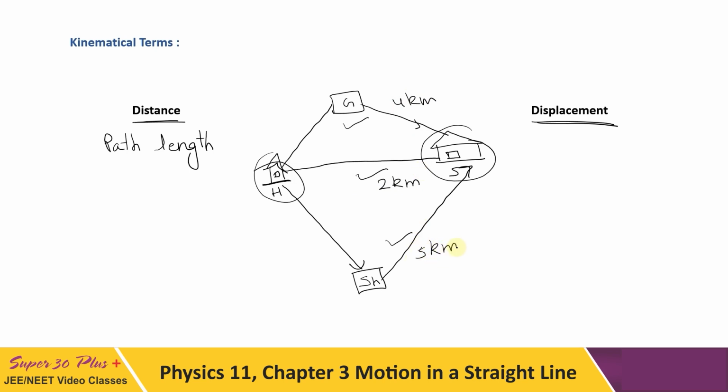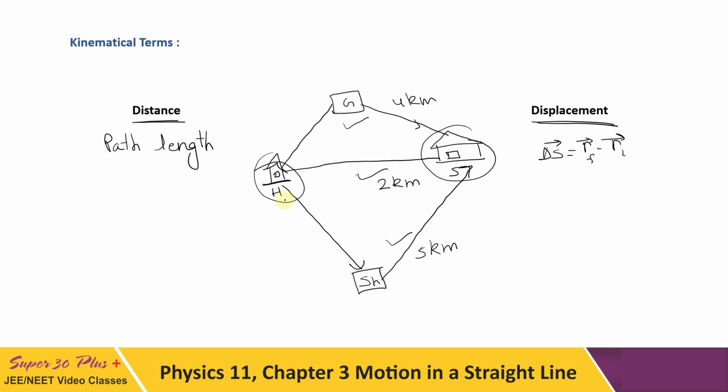Now come to the displacement. What is displacement? Displacement is simply the shortest distance from initial position to final position. So displacement, we generally write displacement by delta S, put a vector sign above because it is a vector. So that is equal to R final minus R initial.